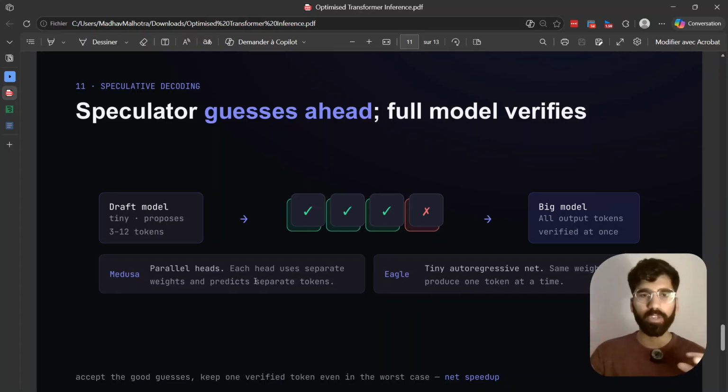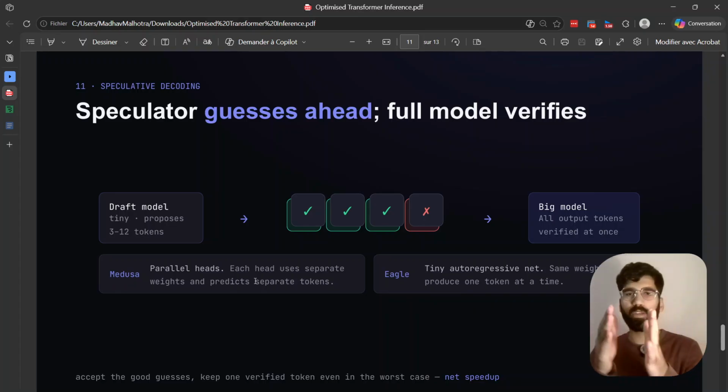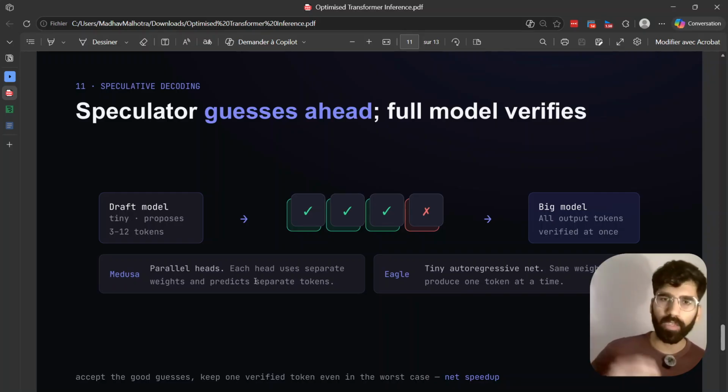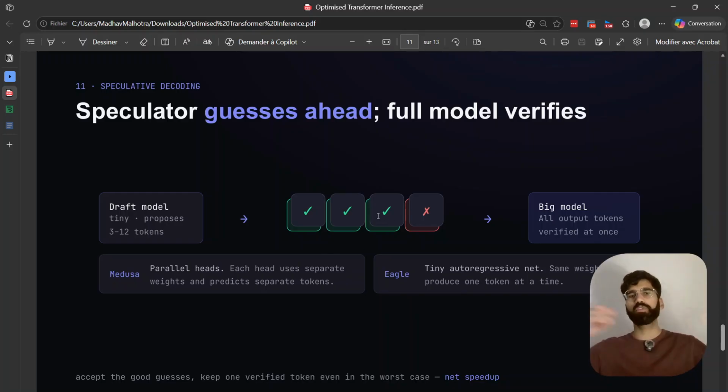They just do some linear mappings where each head will be responsible for generating a different token. So one head will generate token 1, another will generate token 2, another will generate token 3. They all use that same input and map to different tokens as outputs.